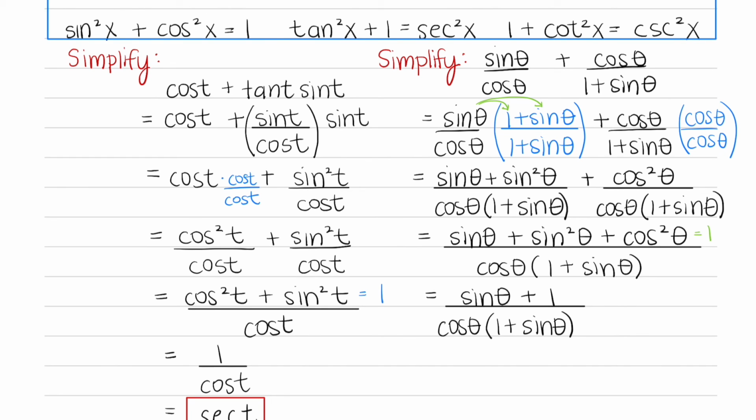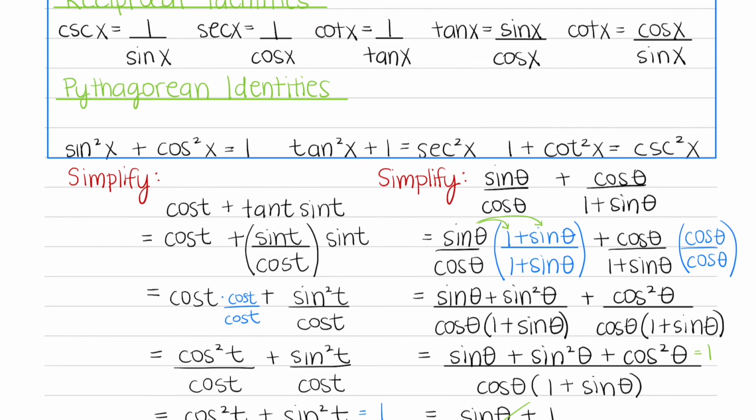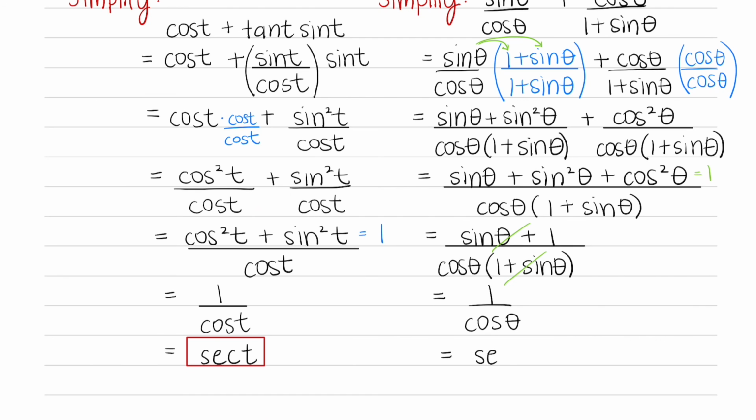And we notice here that the numerator sine theta plus 1 cancels out with that 1 plus sine theta in the denominator. So let's cancel those out and write it as 1 over cosine theta. And according to our reciprocal identities, 1 over cosine equals secant. So we can write this as secant theta. And that is our solution.